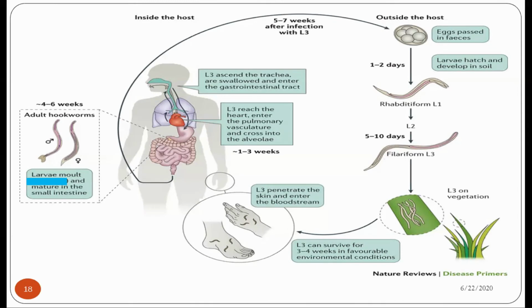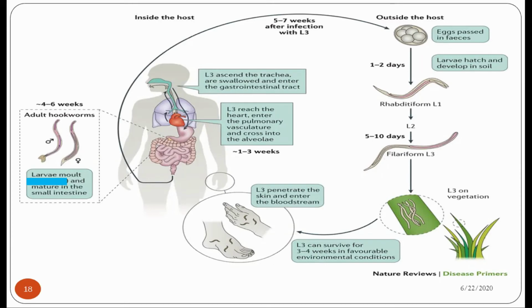In the loamy and sandy soil, this filariform larva can move up and down in search of its suitable host. When a person comes in contact with this filariform larva, it gains access through the softer part of our skin, that is the palmar and plantar regions.